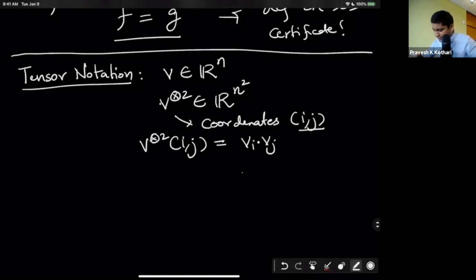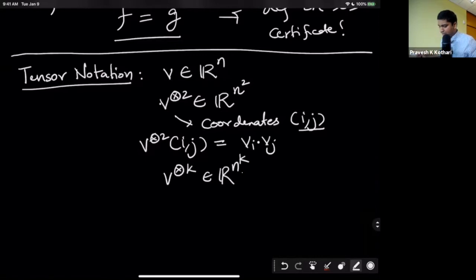In a similar way, I can actually write down larger tensor powers. So v tensor k is going to be a vector in R^(n^k), indexed by ordered k-tuples of integers from 1 through n. And just like v tensor 2, each entry is going to be the product of the coordinates that appear in that index.